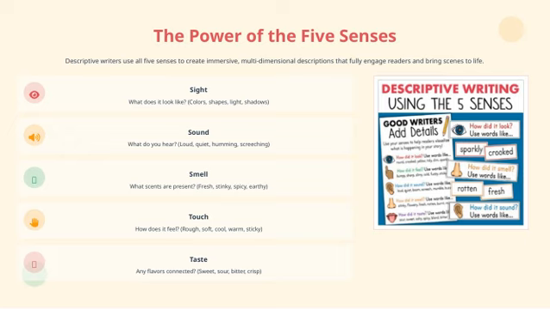Are there flavors involved? Sweet, sour, bitter, or crisp? Sometimes a taste adds an extra layer of sensory richness to the description. When writers skillfully connect all 5 senses, they create a truly multidimensional, engaging experience that pulls readers right into the scene. This is a fundamental technique that makes storytelling more vivid and memorable.